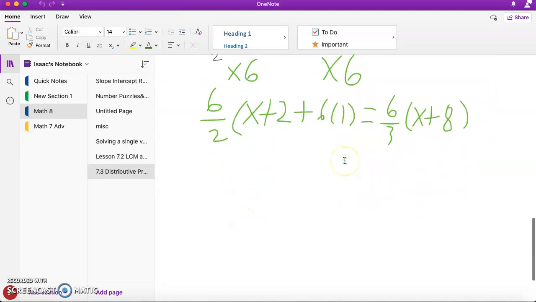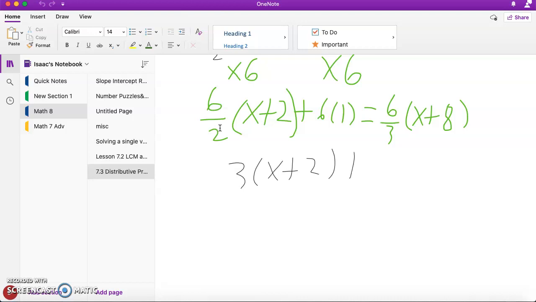Oops, I forgot my parenthesis up there. 6/2, I know that's 3. So this is really 3 times the quantity of x plus 2. I know that 6 times 1 is 6. I know that 6/3 is 2, so that's 2 times the quantity of x plus 8.